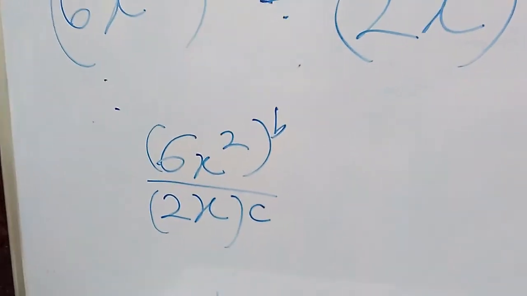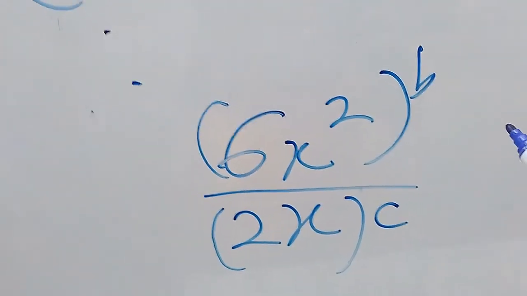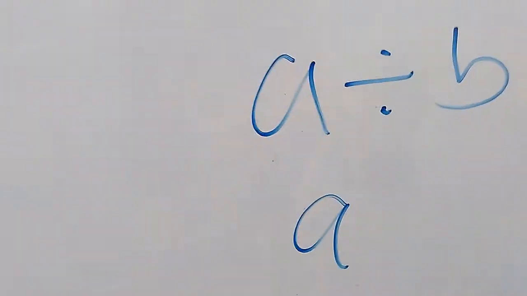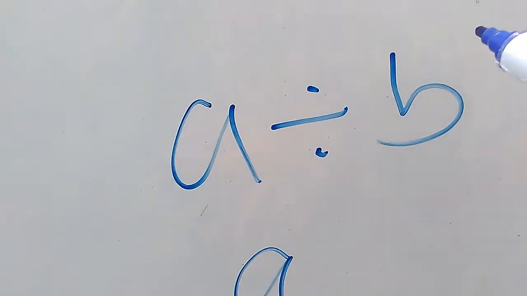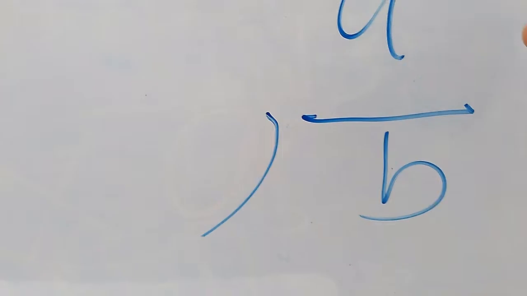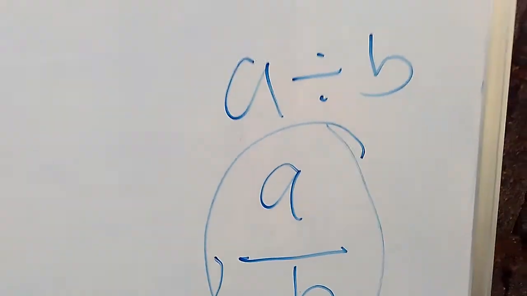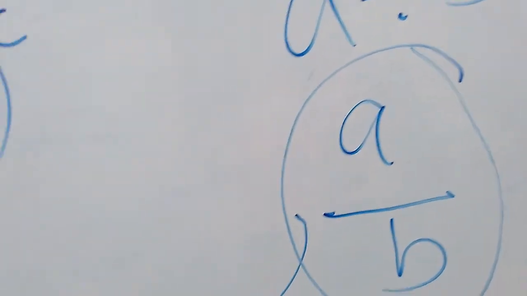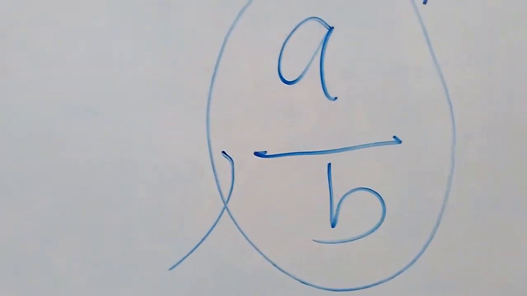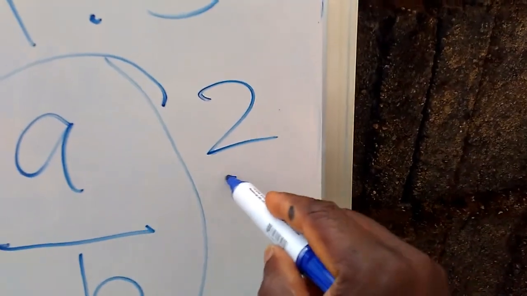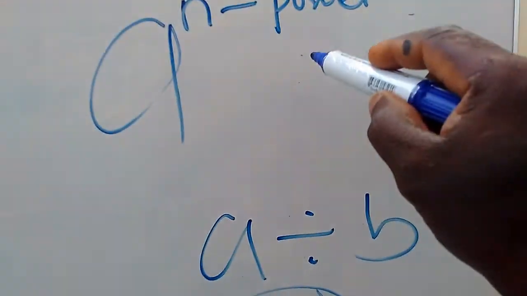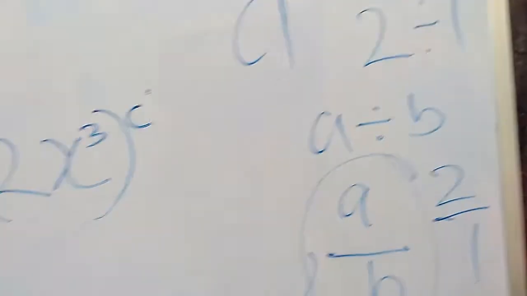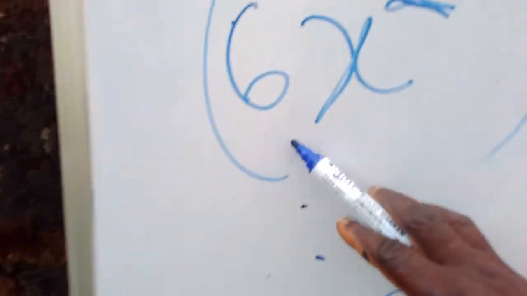Why it is now in form of a fraction is that we are applying this: a divided by b is still the same thing as a all over b. It can be 2 divided by 1. That is 2 divided by 1. So that's all we have.